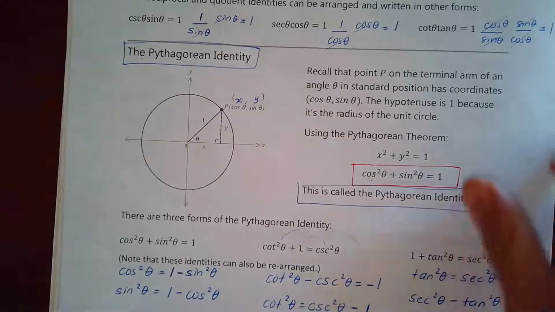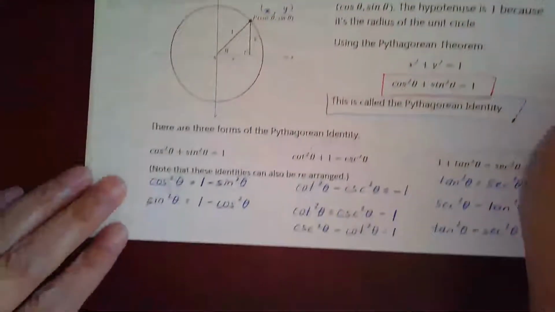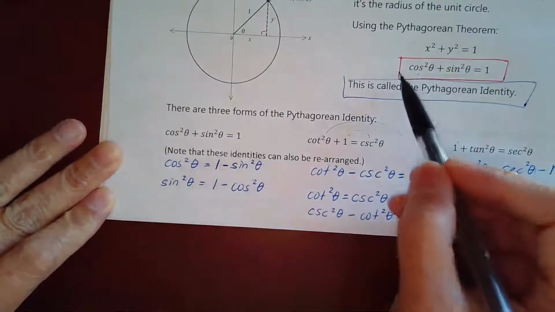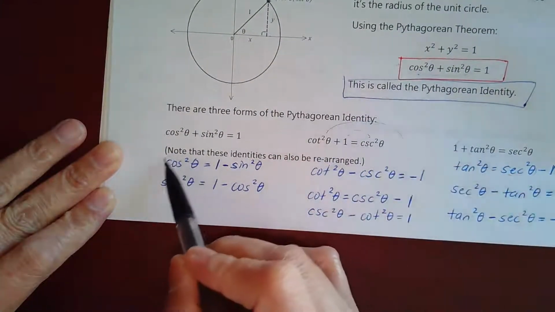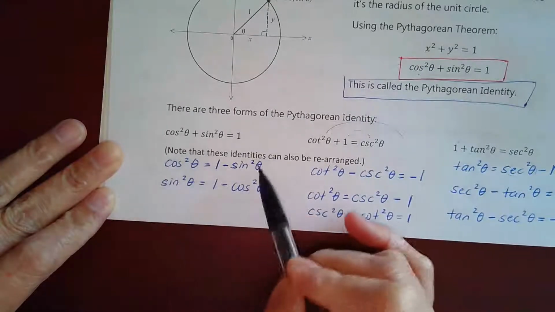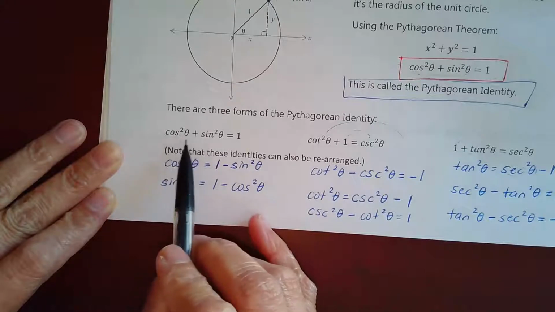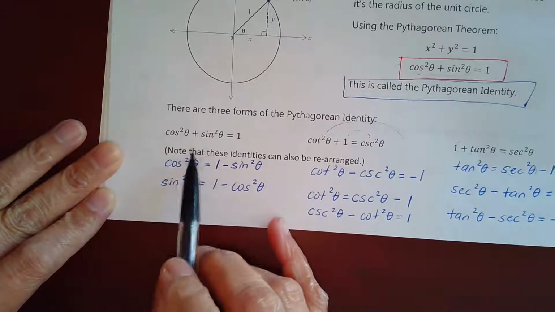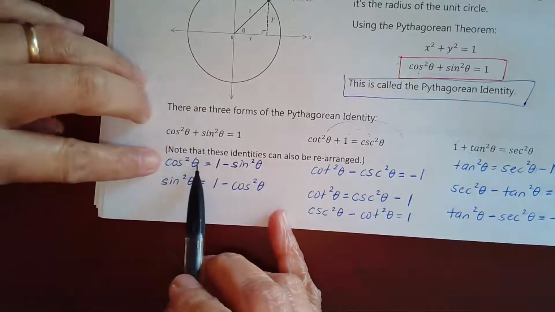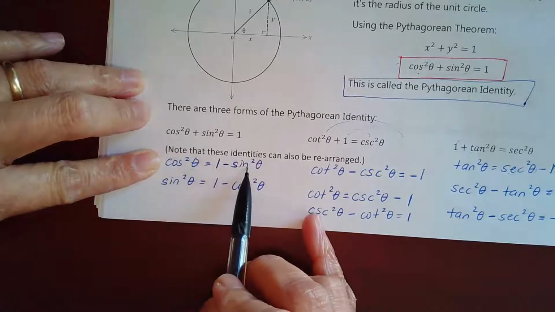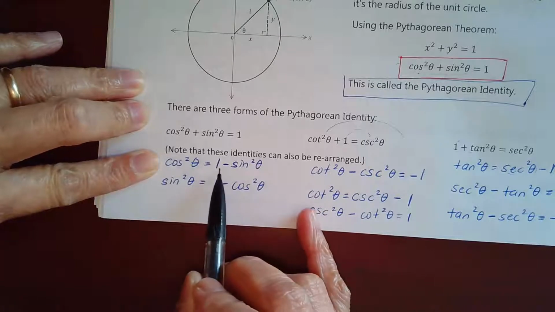Another thing that I want to point out is another version of this. If we see cos squared theta, we can write it as 1 minus sine squared theta, or vice versa.